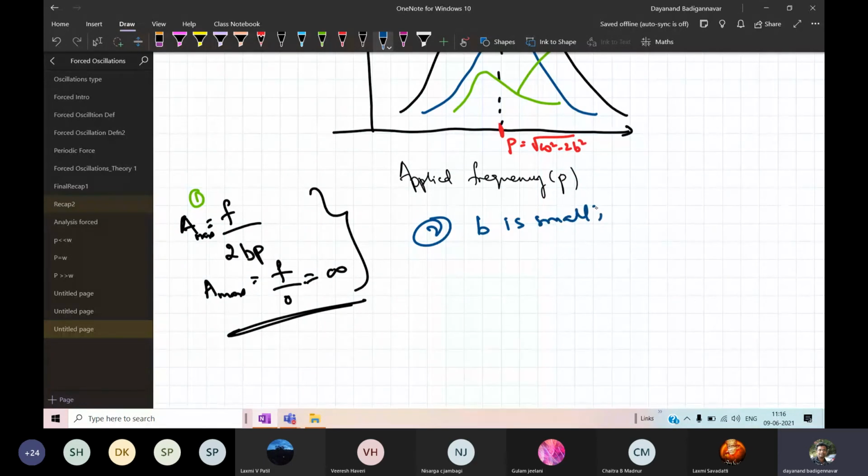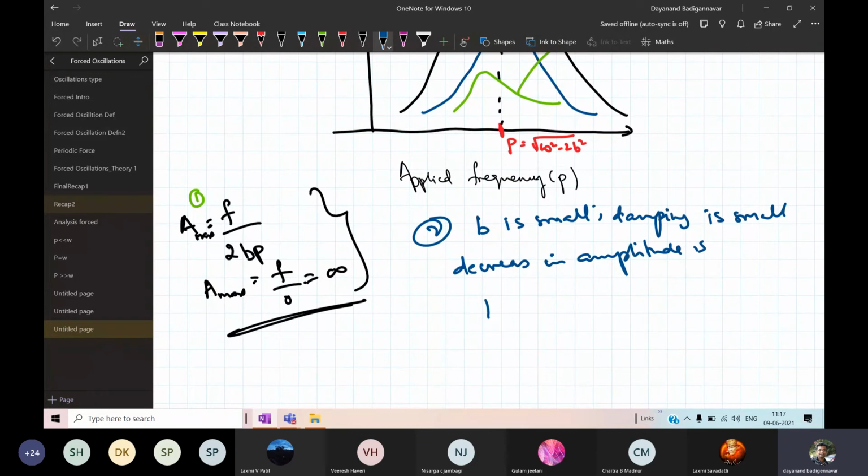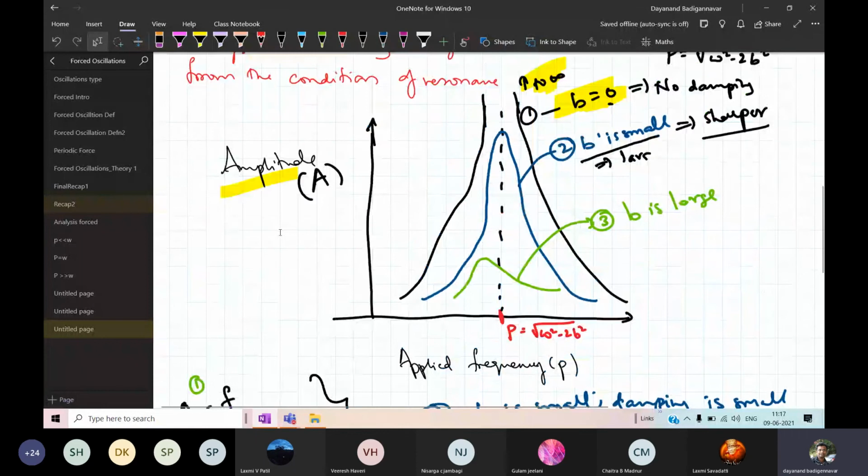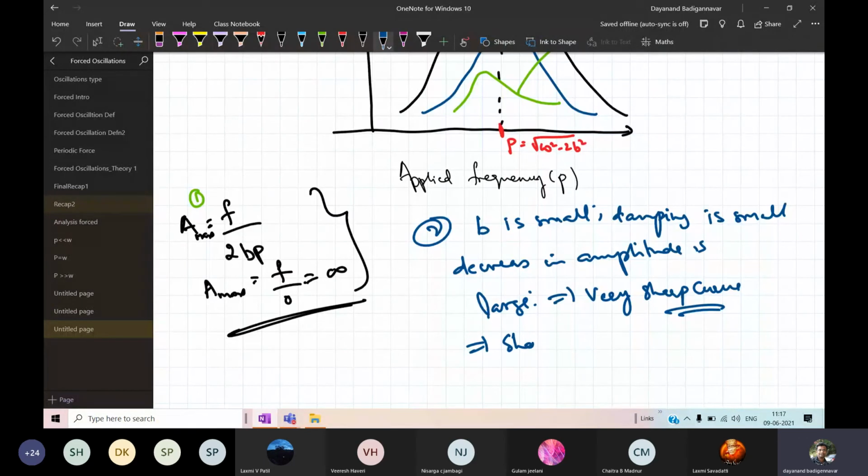B is small means damping is small. Therefore, the decrease in amplitude is large, and you get a very sharp curve. Sharp curve means we can say it is nothing but a sharp resonance.